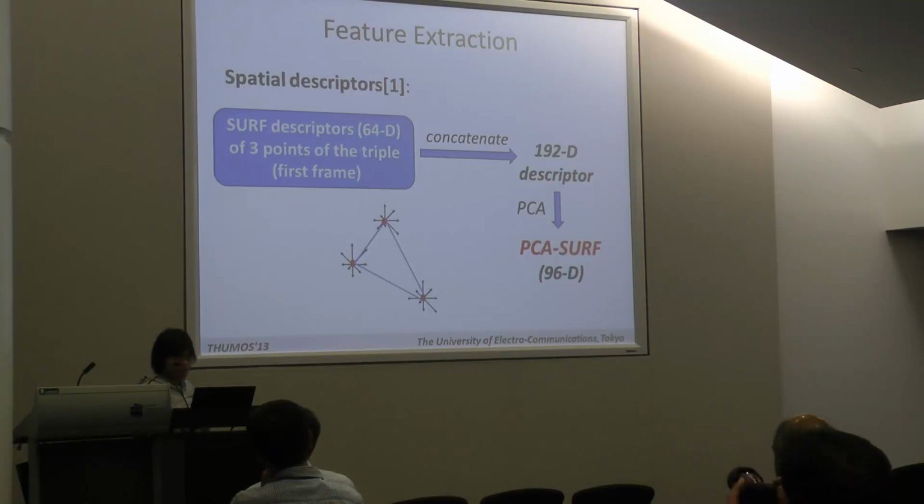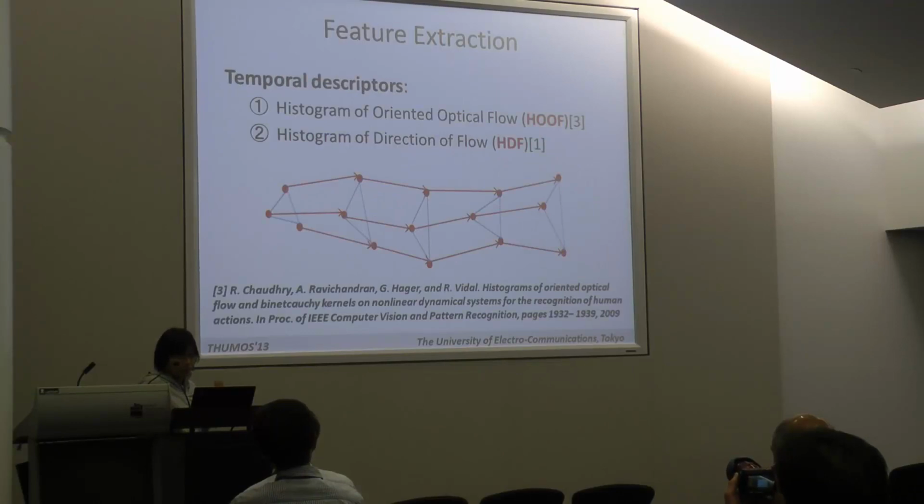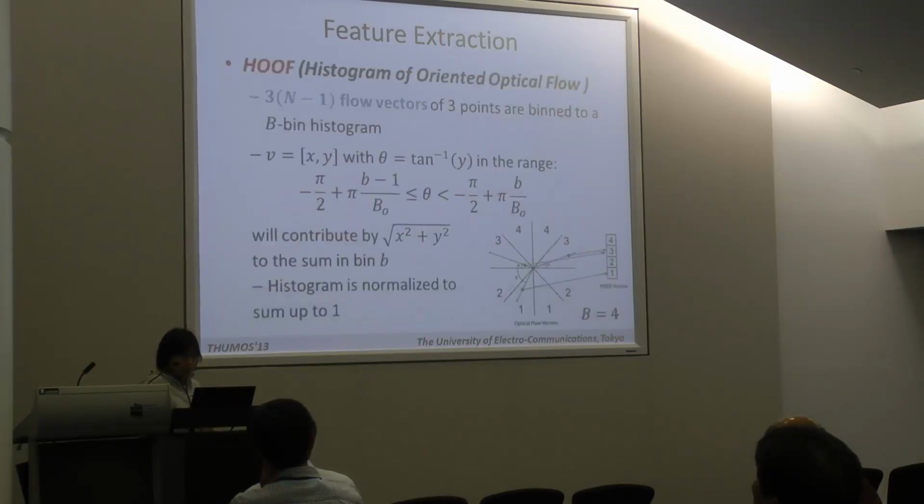It is a 96 dimensional descriptor. For temporal descriptors, we extract the histogram of optical flow and the histogram of direction of flow. Basically, these descriptors are based on the optical flow of the interest points.